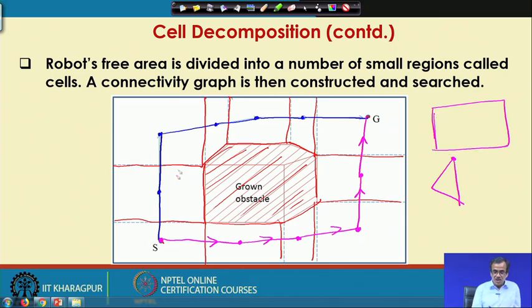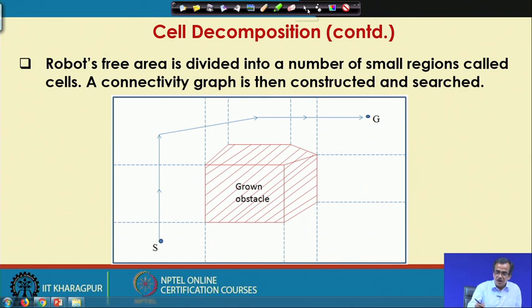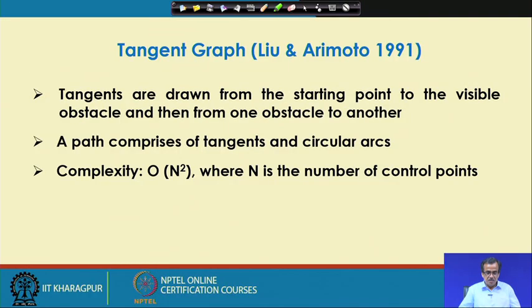So, if we solve this particular find path problem, indirectly we are solving the find path problem for the physical robot. This is the way, using the principle of the cell decomposition method, we can find out the collision free path.